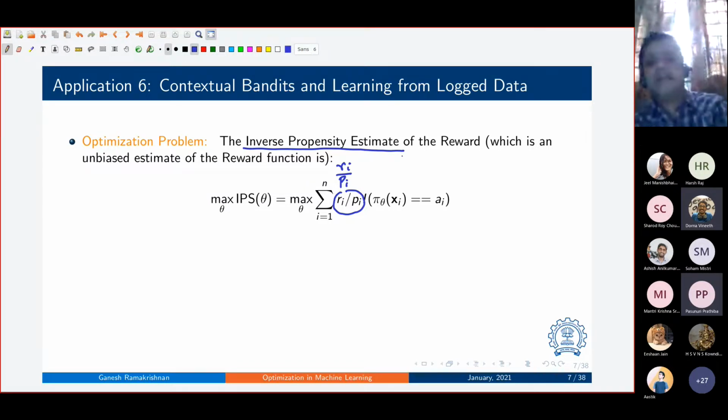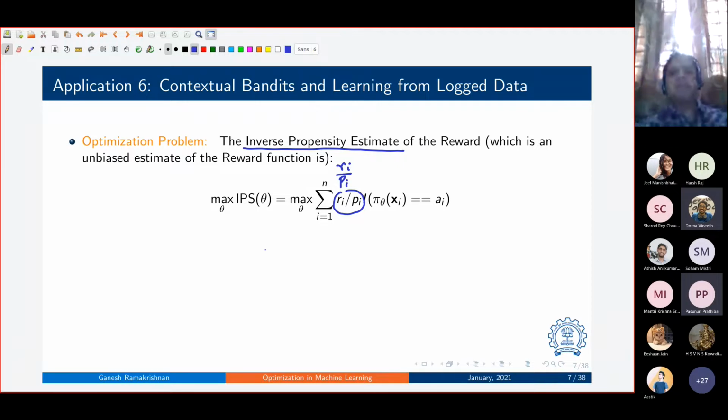So Ri into the cases where the suggested action coincides with what the person picked. Ai is what the person picked, and pi theta xi is what the model suggested. So you want the model suggestion to agree with the logged action. Okay, so this is the very obvious inverse propensity estimate of reward, directly proportional to reward, inversely proportional to the propensity, and looking at the indicator function.